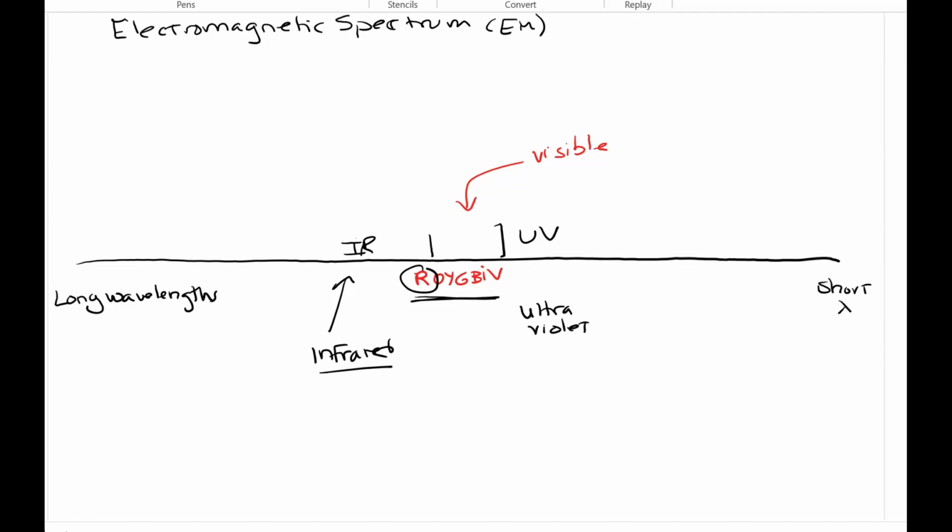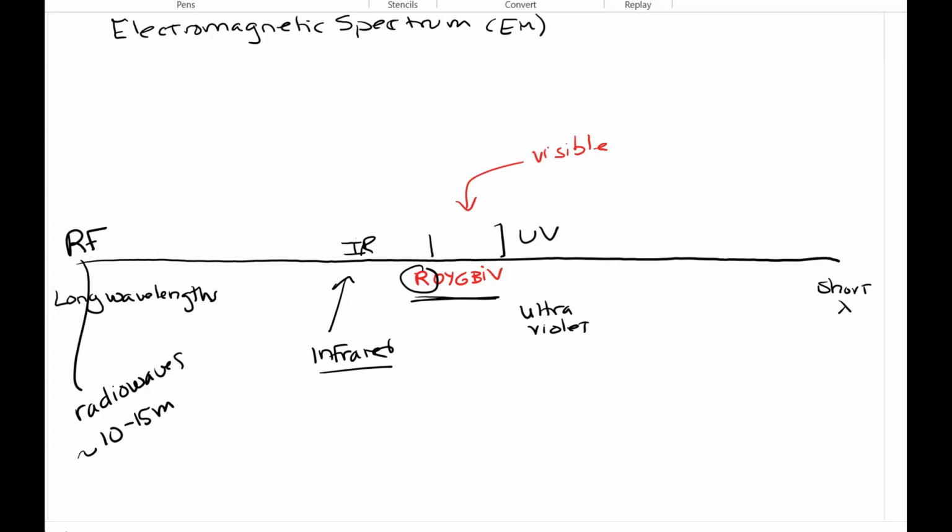The range in the electromagnetic spectrum that has the longest wavelengths are radio waves, or RF. Radio waves can be on the order of 10 to 15 meters.